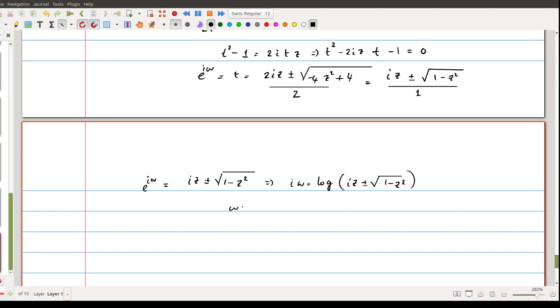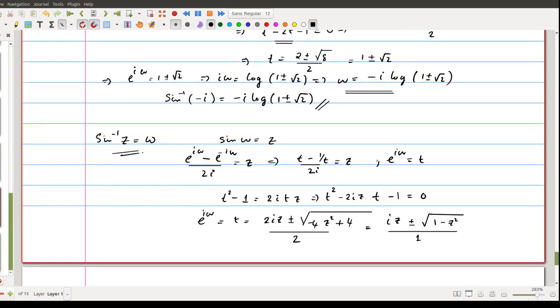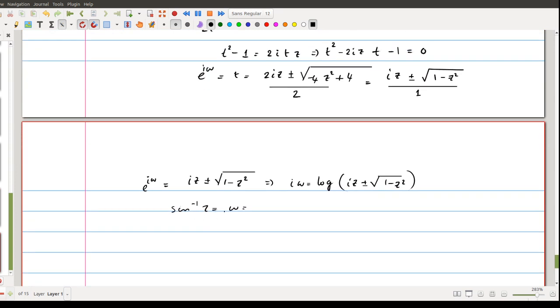We started with sine inverse of z equal to omega, so we can replace omega by sine inverse z. Multiplying by minus i on both sides, that will be minus i times log of iz plus square root of 1 minus z square. So in general, this is the expression for inverse trigonometric functions.